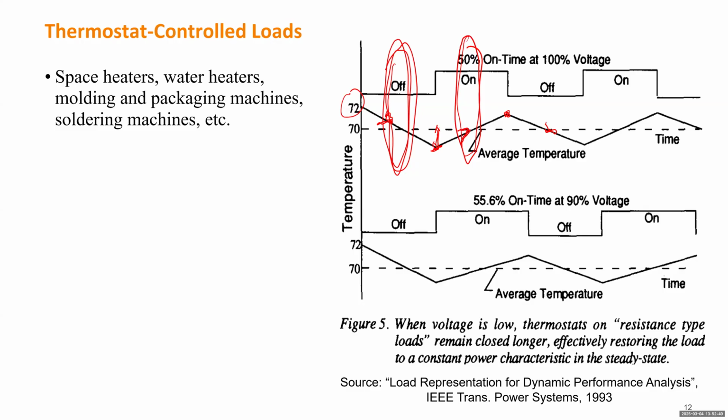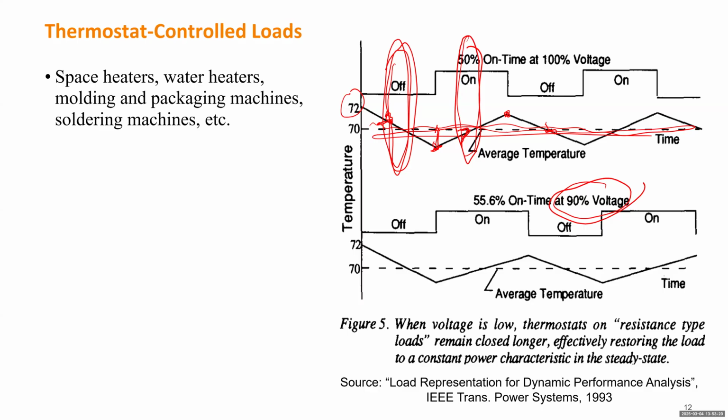But if my study is covering a much wider time frame, right? Then the load will behave as a constant power load, because it tries to maintain the temperature at a constant temperature. Why is it constant power? Let's say right now the voltage is decreased to 90% compared to the first case, but my controller wants to maintain 70 degrees.